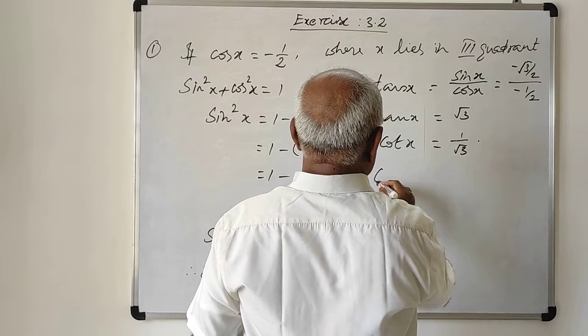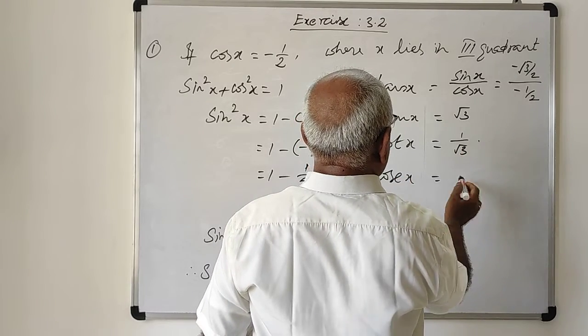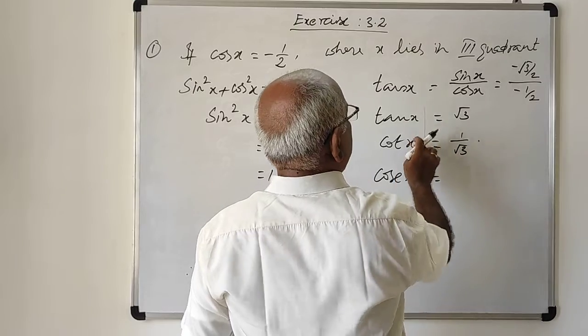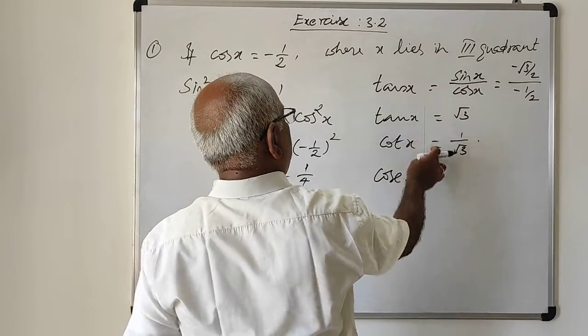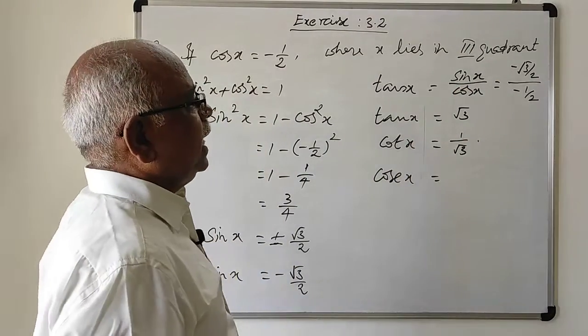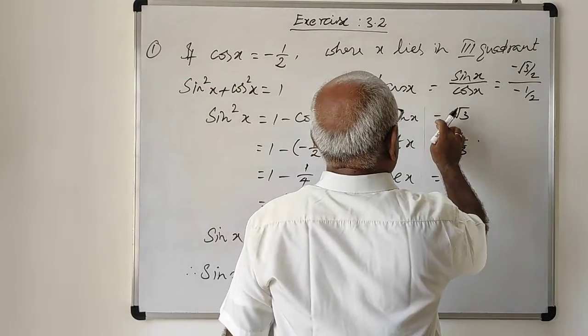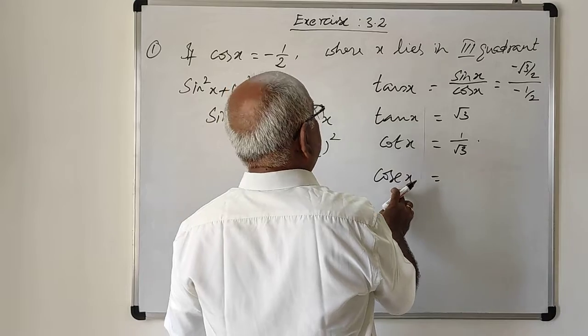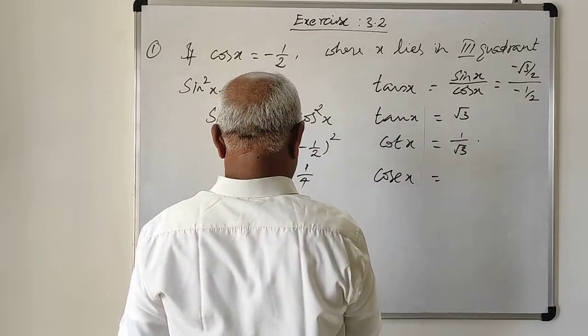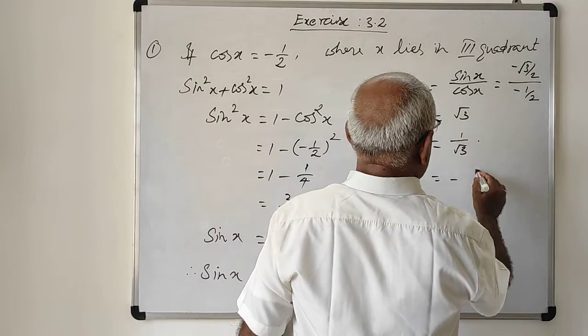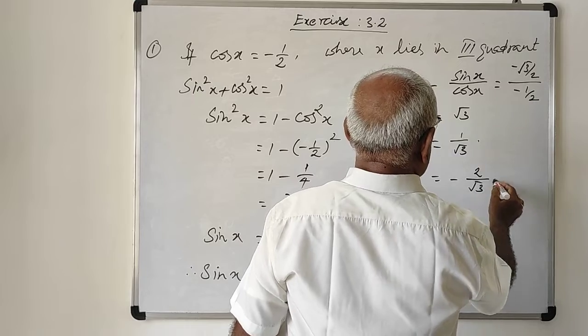Similarly, cosecant x is the reciprocal of sin x. Tan and cot are positive in the third quadrant, therefore I am writing positive values. Cosecant is negative, the reciprocal of sine, minus 2 by root 3.